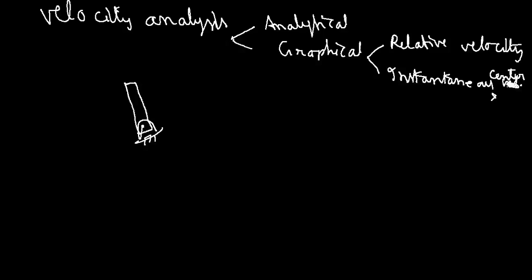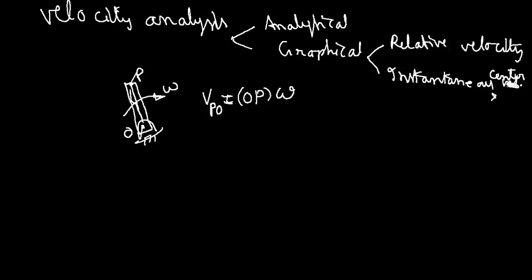When you take a link which is rotating with omega, if I want to find the velocity of any point on the rotating link, it depends on the distance from that point to the center of rotation and the angular velocity with which it is rotating. So the linear velocity of point P with respect to O is given by OP into omega.